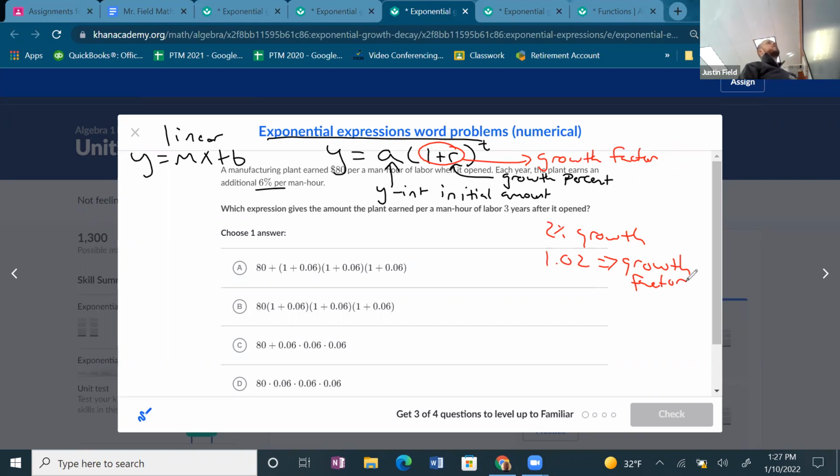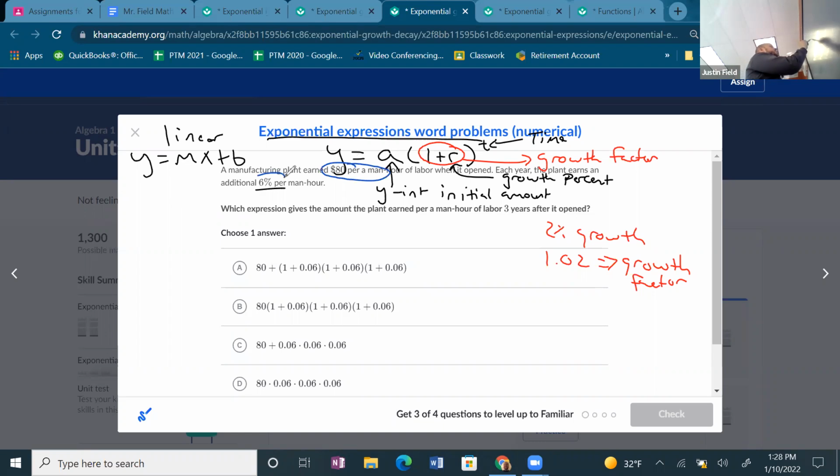All right, and the last thing to say is that t stands for time usually, and that's going to be our independent variable.